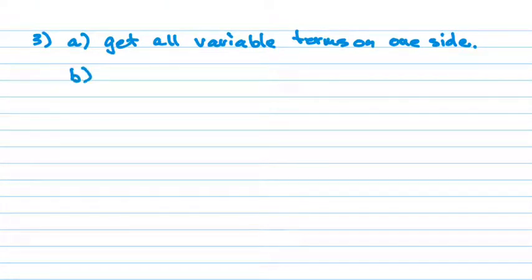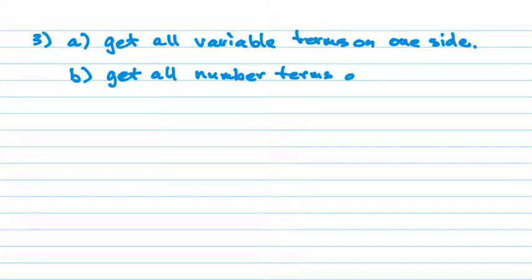Okay? Next, same step. If all of my variable terms are going one direction, I only have variable terms and what are they called? Starts with an N. Number terms. We're going to get all number terms on the other side.